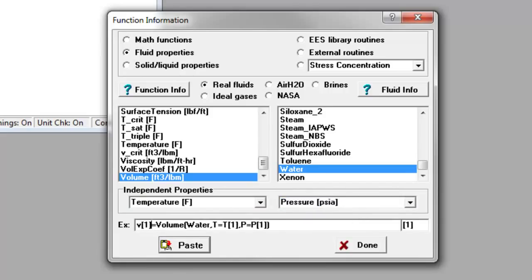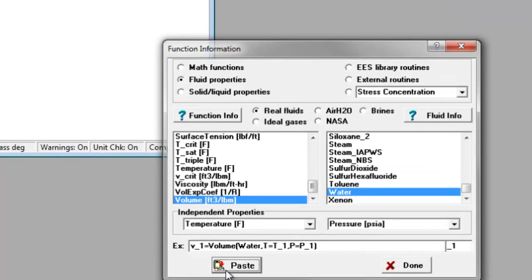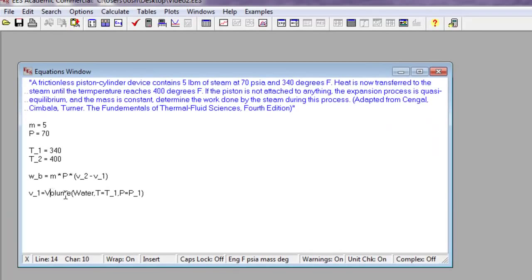I'm going to use this example to go ahead and modify the equation. Instead of 1, I'm just going to do an underscore 1, and that's going to go ahead and fix this up so that it matches almost with the equation that I was using for work. Okay, so here we have v sub 1 is equal to the volume, and it has parentheses.